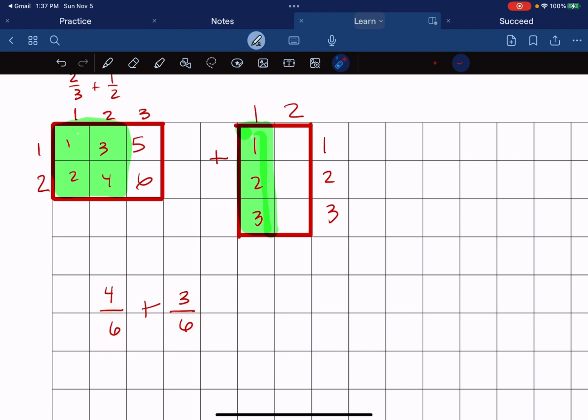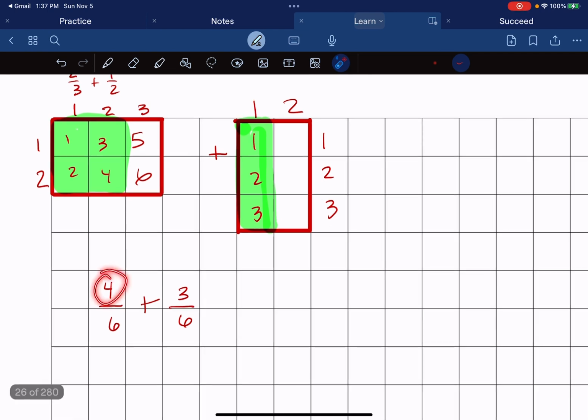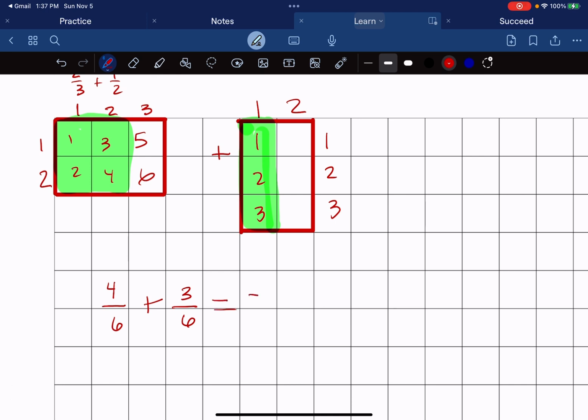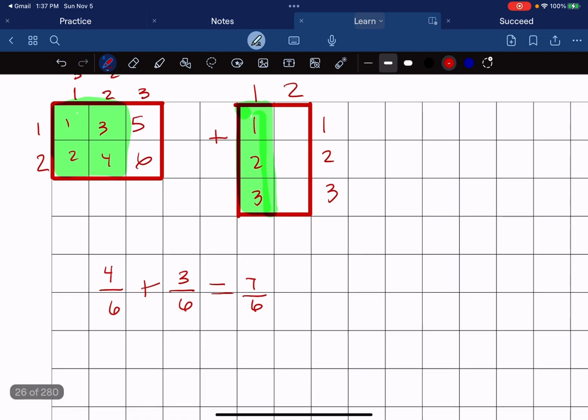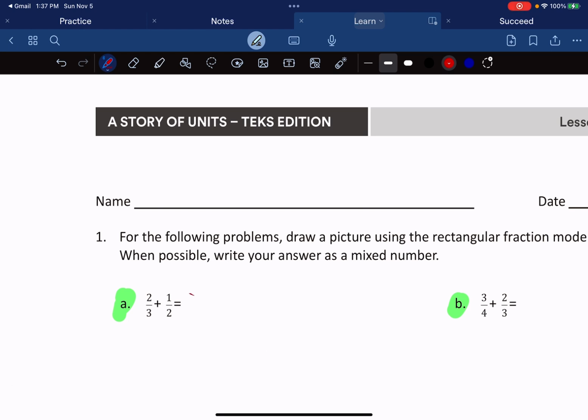This is the whole reason we're doing the models, is so that we can find our common denominator here. Now I can do 4 plus 3, which equals 7 out of 6. Reminder, do not add those denominators. We had to make them the same for a reason. So this equals 7 out of 6.